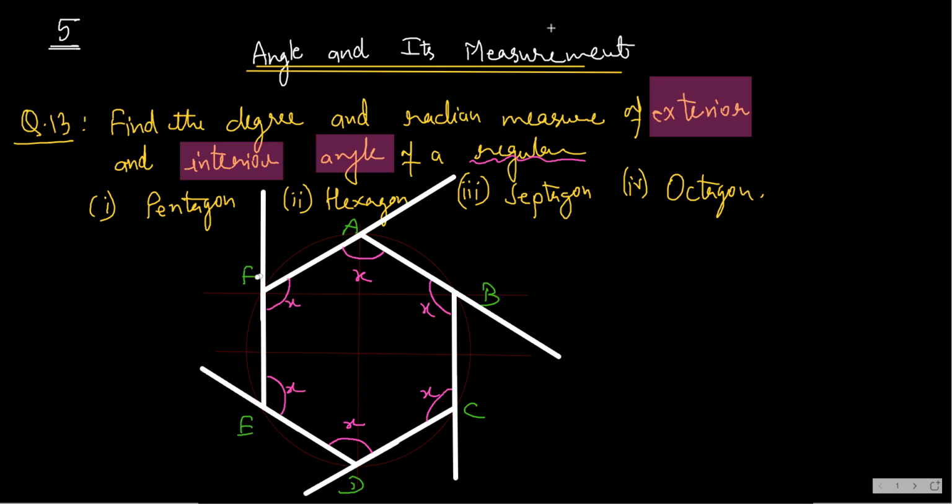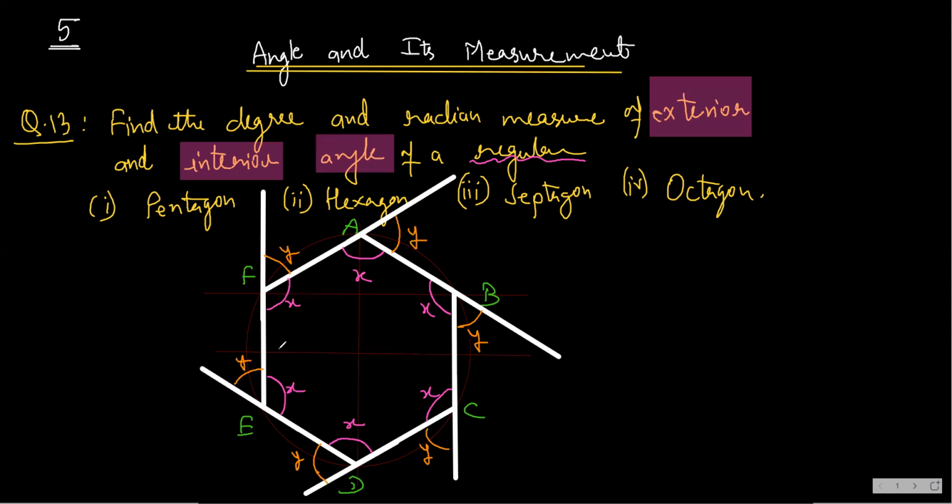Now remember that as all the interior angles are equal to each other, so are the exterior angles. The exterior angles will also be equal in measure. So if I take one of them as y, all the exterior angles will be equal to y. I once again say that this diagram is not necessary when you are solving a problem.